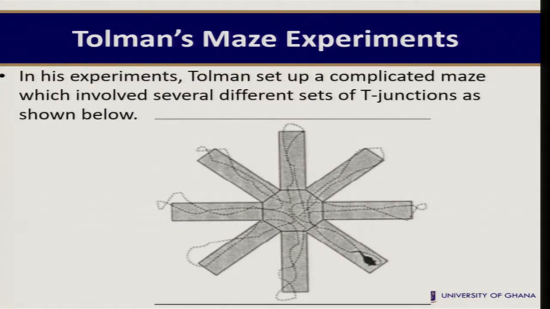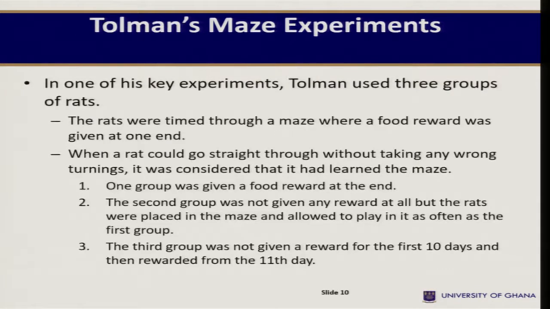Tolman did an experiment using a maze and rats. He set up a complicated maze which involved several different sets of T-junctions, as you can see in this diagram. In one of his key experiments, he used 3 groups of rats. One group was given food at the end as a reward.